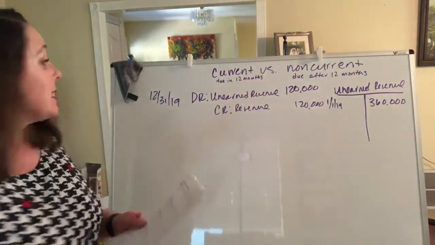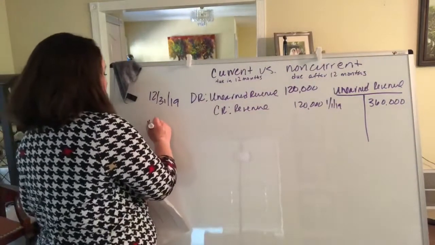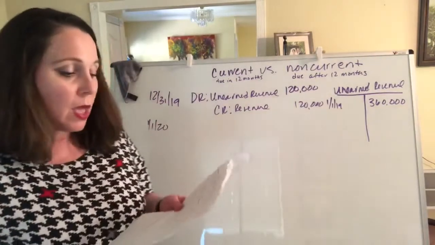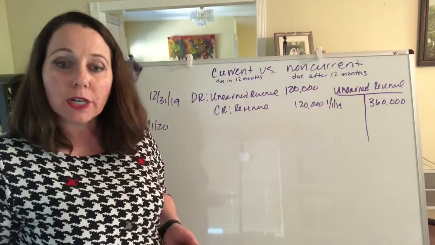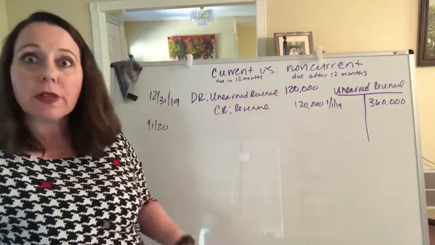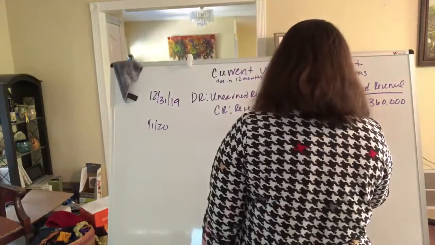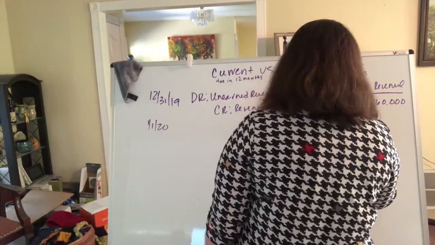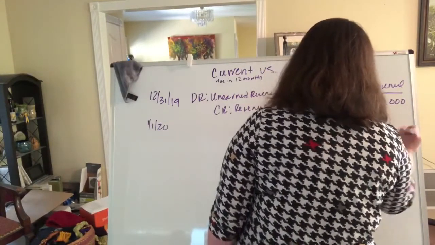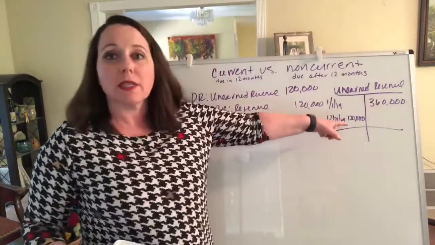So now the next day, 1/1/20, how much of our unearned revenue is current and how much is non-current? Well, first of all, let's figure out what's even in our account. So on 12/31, we recognized $120,000.